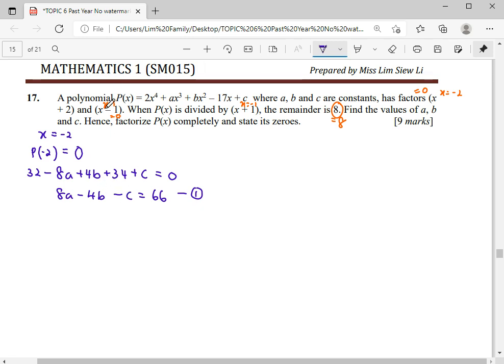So repeat again for this other factor. So when x minus 1 means x equals 1, it is a factor. So when I substitute this x equals 1 into the polynomial, it also will get 0. So we start out, substitute 1, we get 2.